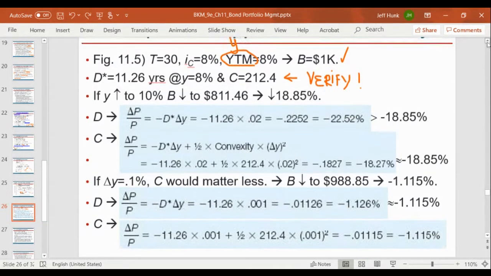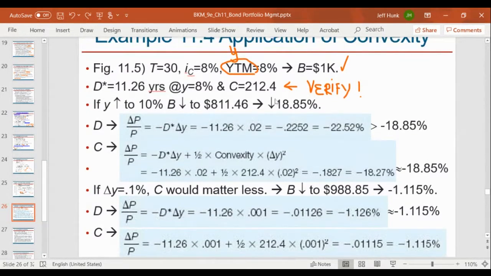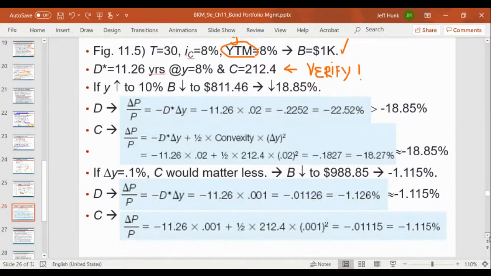Okay, so we verified these numbers, and this brings us to the conclusion that convexity is absolutely necessary when interest rate changes are significant, right? When the interest rate change is minor, duration does a good job. But if interest rate changes are significant, we need to use convexity.